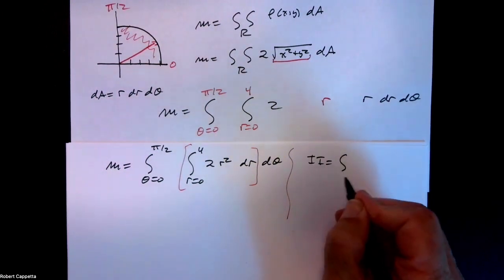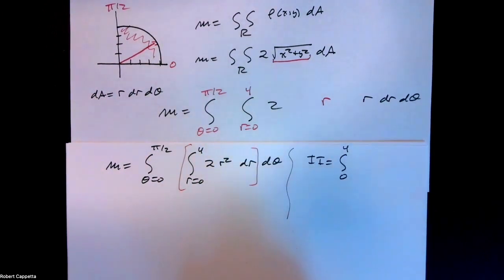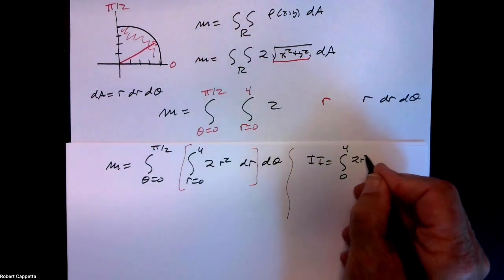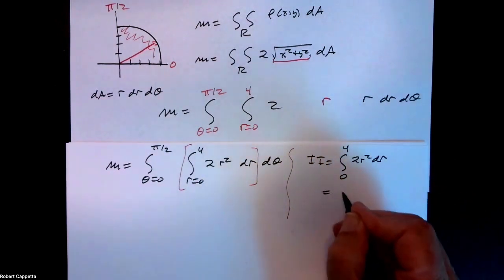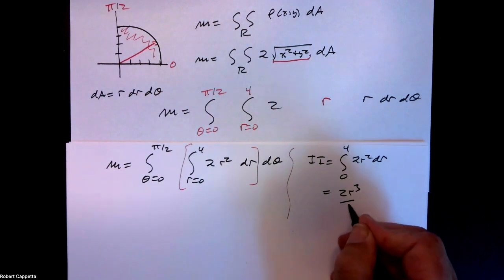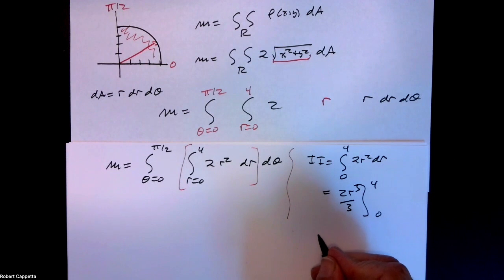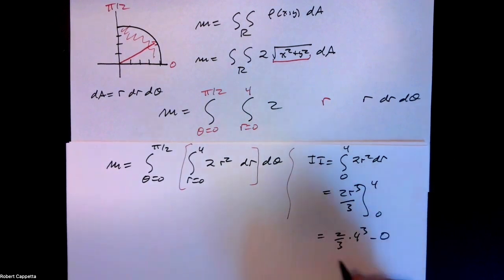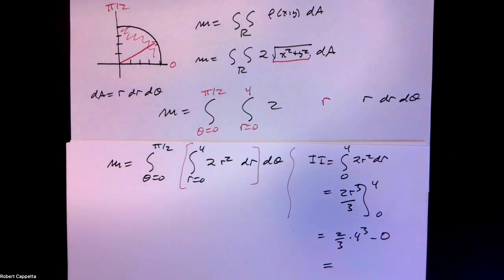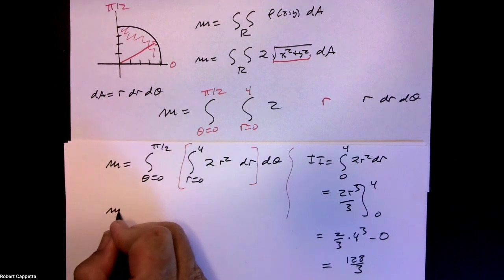Inner integral from 0 to 4 of 2r squared dr, which is 2r cubed over 3 from 0 to 4, which is 2/3 4 cubed minus 0, which equals 128 over 3. So that's now my inner integral. So plugging that back in over on this side, what do we get?